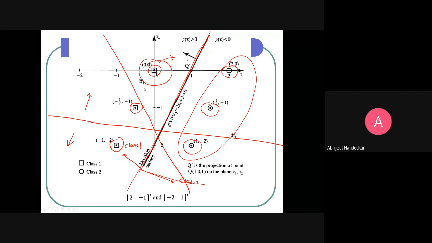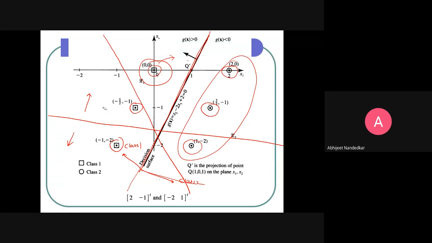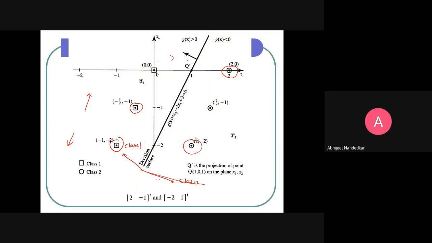So like that, if you keep on doing, then the best line which is doing the job correctly is this black one. So this black line is doing the separation correctly, that this side is class 1 and this side is class 2.